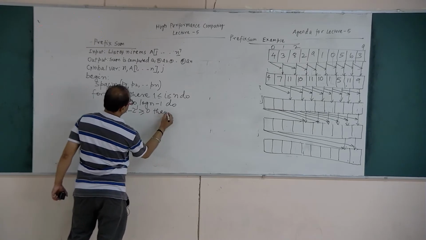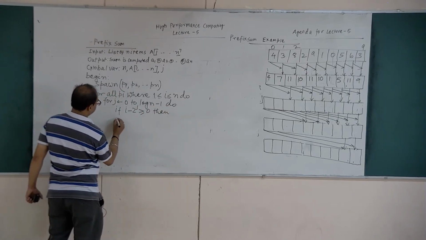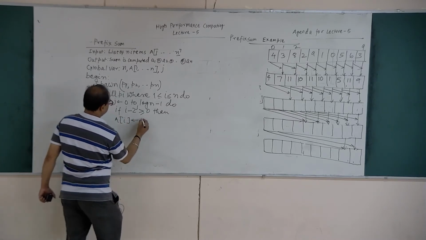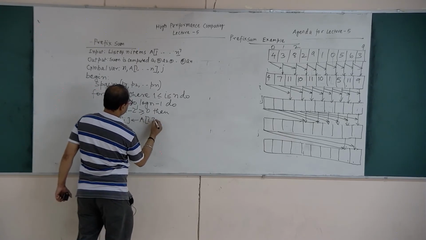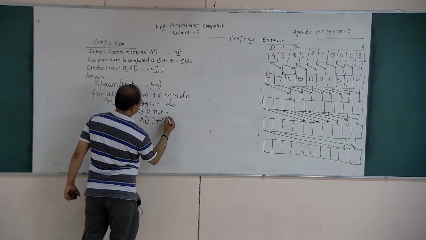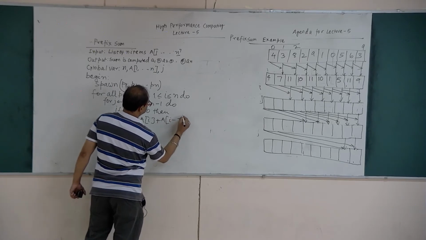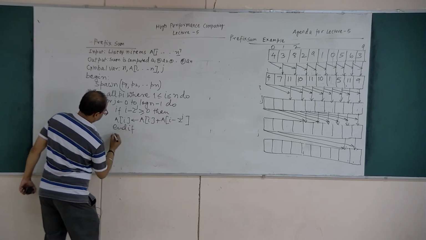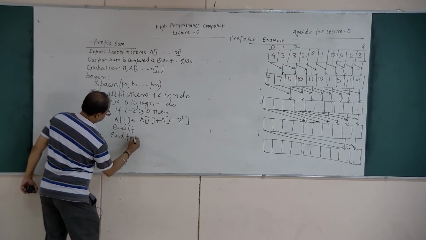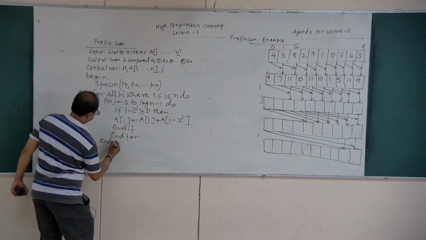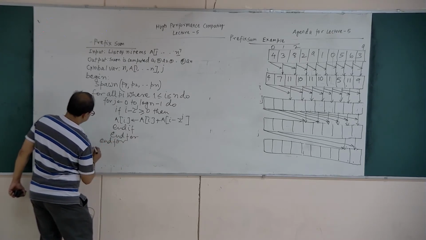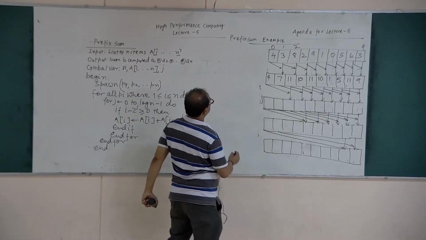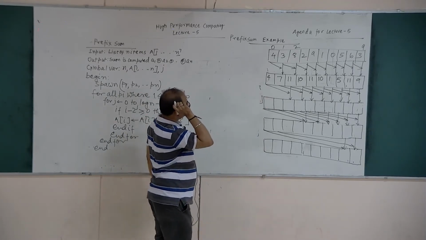So I have not written one step, so again here I will write the one step, and the rest will be the same. So in the second step we use n minus 2 processors.